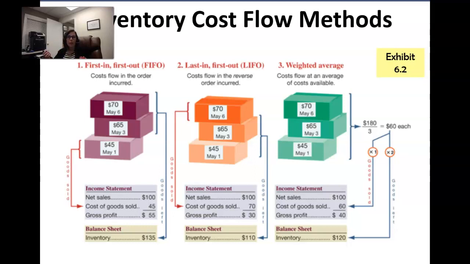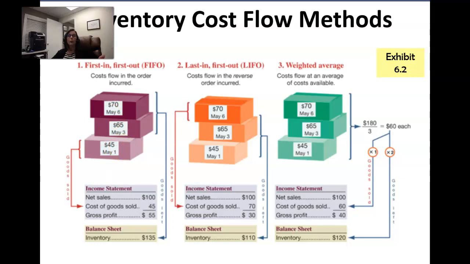The company will elect one of these methods, or the specific identification that we'll get to in a minute. And then how the company elects to count their inventory in terms of their sales will determine the numbers. So for first in, first out, we're going to assume that the inventory we sold first was the stuff that was in our warehouse at the beginning of the accounting period. In this case, May 1st is the beginning of our accounting period, and you can see our costs went up every time we ordered new inventory to sell.